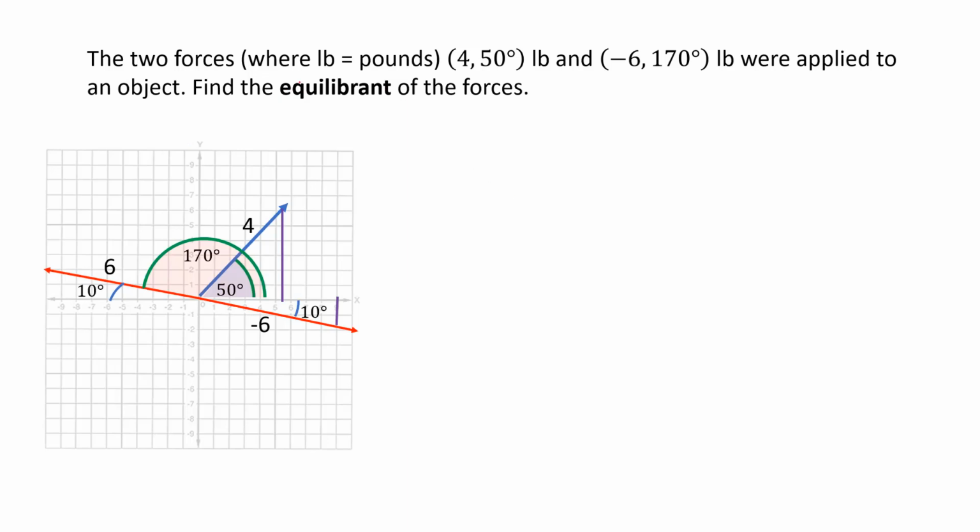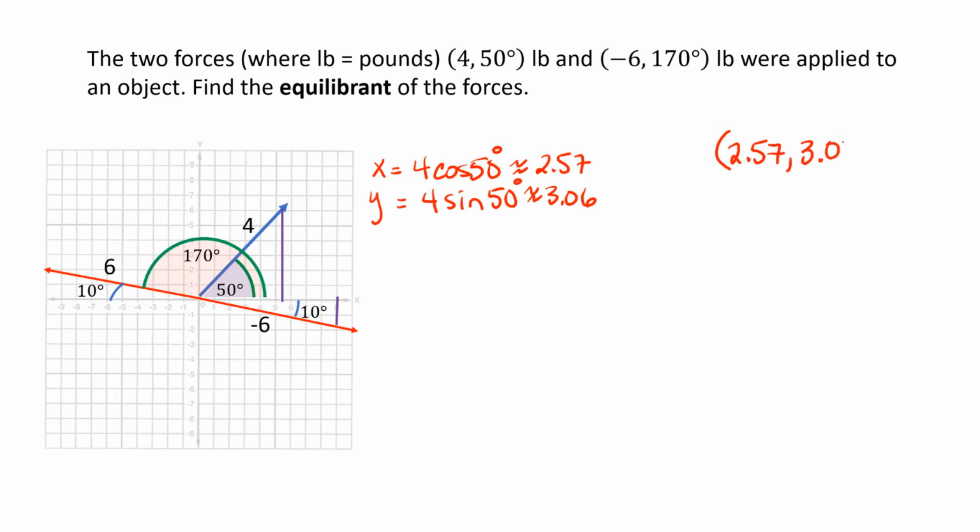So for the 4 at 50 degrees vector, x is equal to 4 cosine 50, which is about 2.57. And then y is 4 sine 50, which is about 3.06. That is in the first quadrant, so x and y are both positive, so that first vector is 2.57, 3.06.